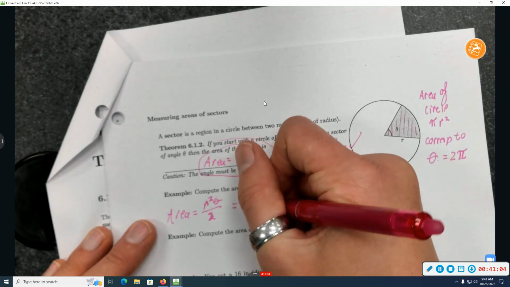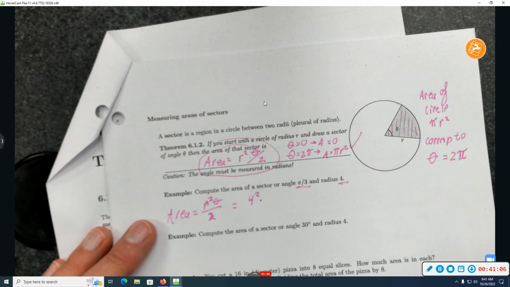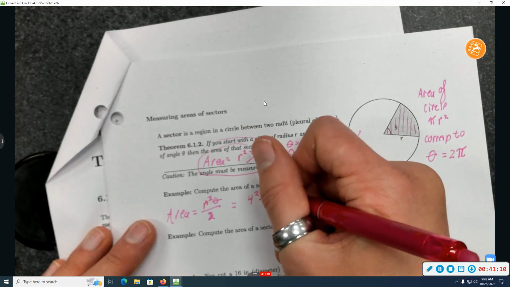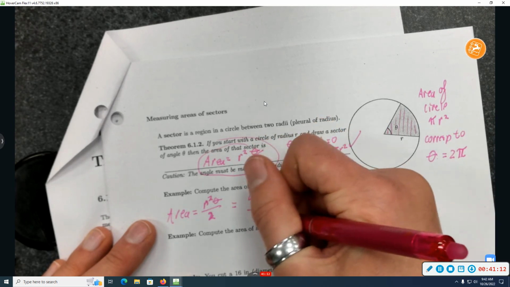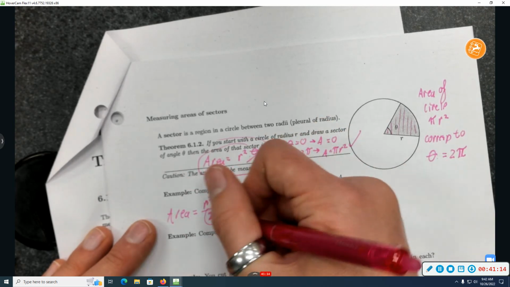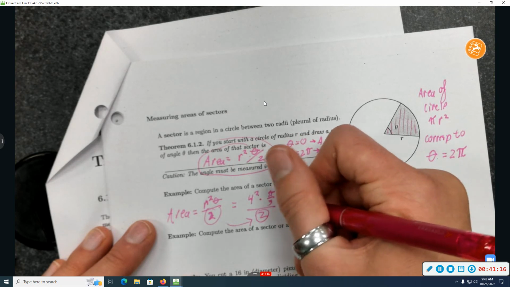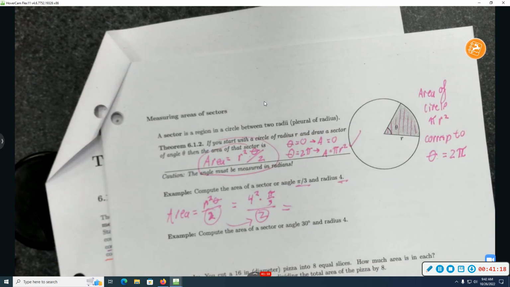So it'll be 4 squared times, what's the angle? Pi over 3. And then I need to divide by 2 because there's a 2 there. Does that look like something super easy to compute? What is it? I think that I want an exact value as well as a decimal approximation.